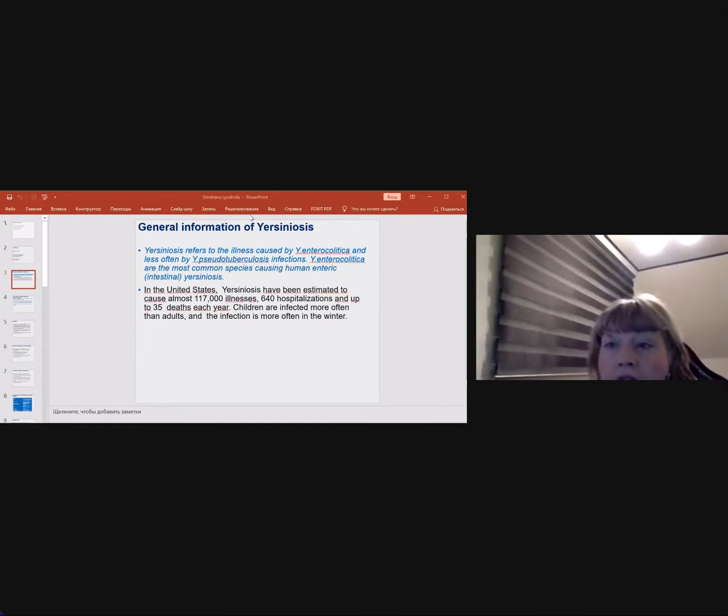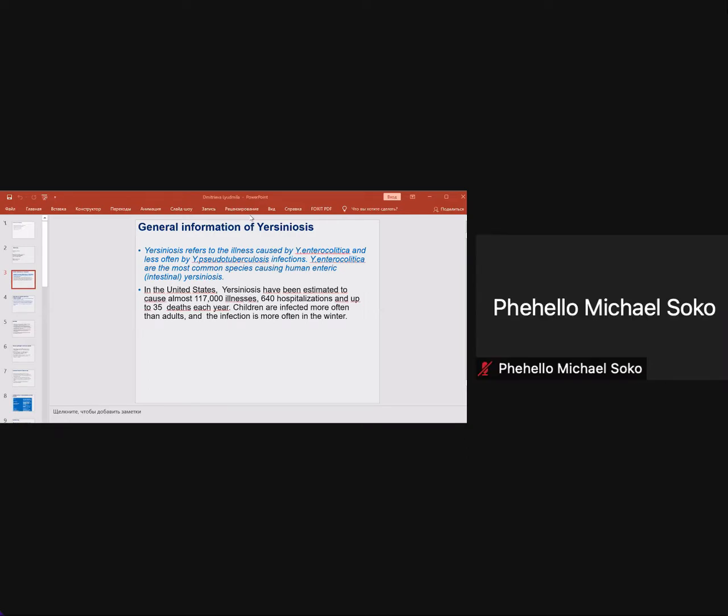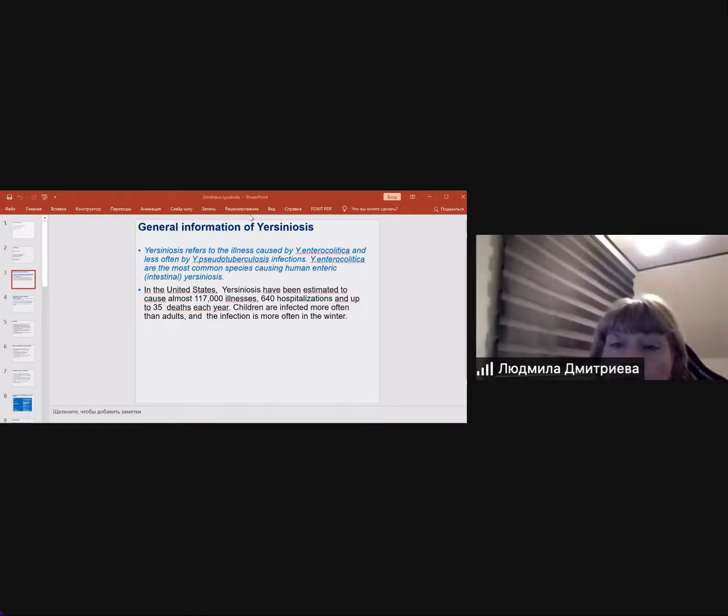And the patients with Yersiniosis may have the local forms. The gastrointestinal form and the abdominal form of Yersiniosis belong to the local forms. But some patients may have a generalized form of Yersiniosis, and it is usually connected with immunosuppression.